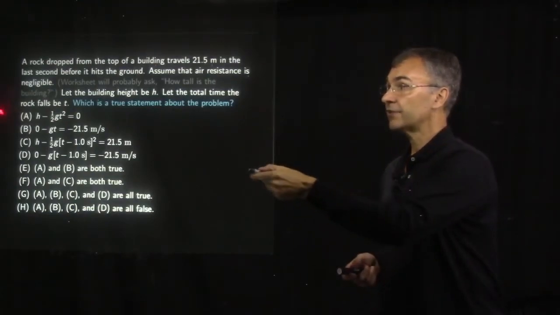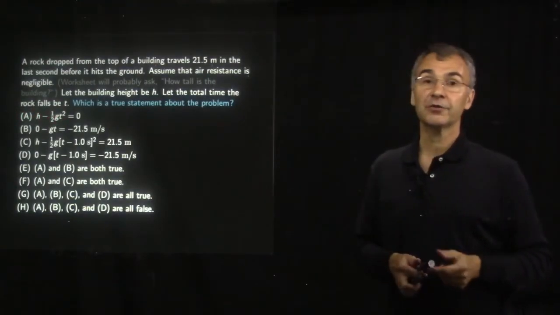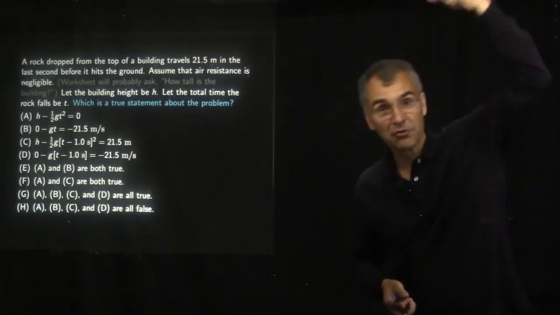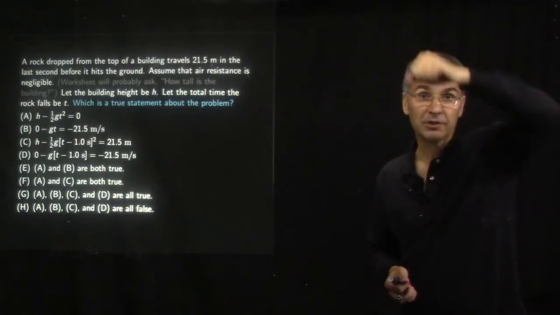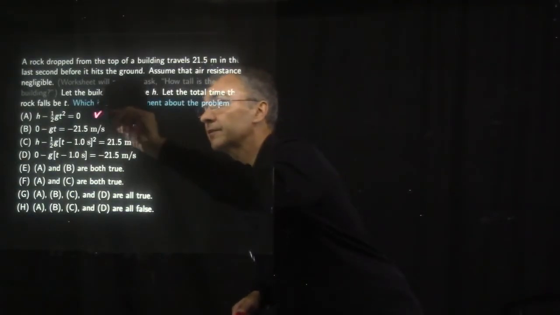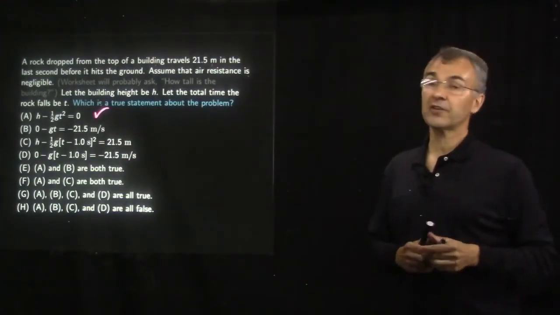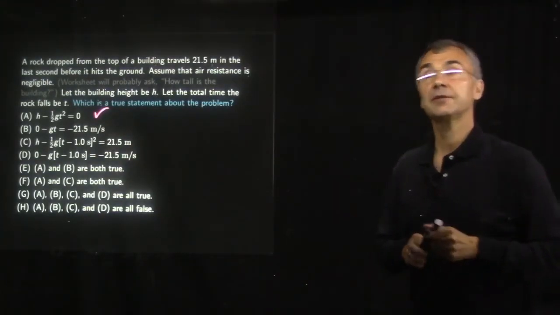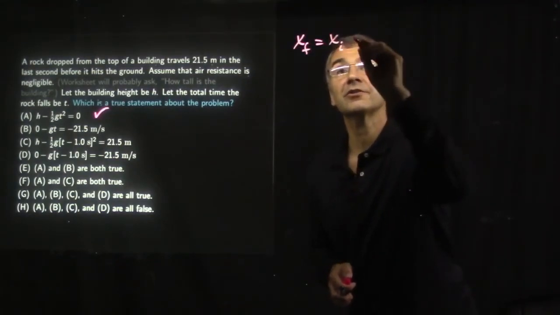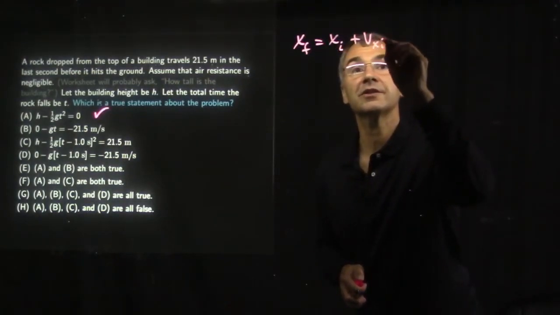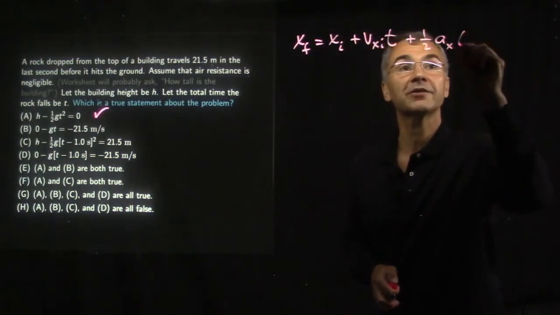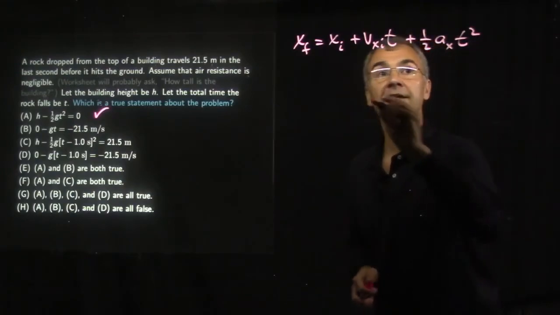Well, h minus 1/2 gt squared equals 0. That says, okay, so it was dropped. When it says dropped, it doesn't mean thrown. It means just dropped, just released from rest. So I think this is a true statement, because you could say x final is x initial plus vx initial t plus 1/2 a sub x t squared.